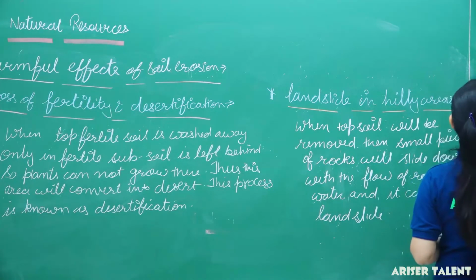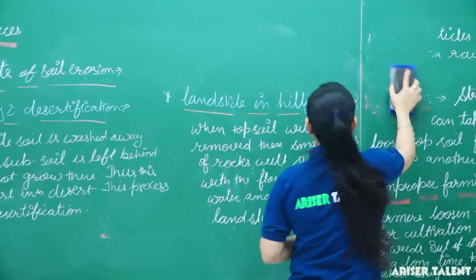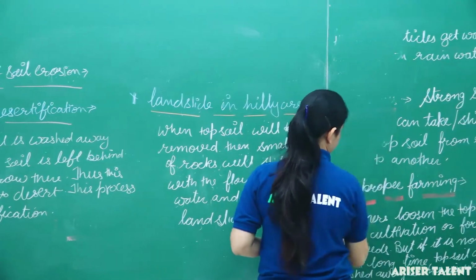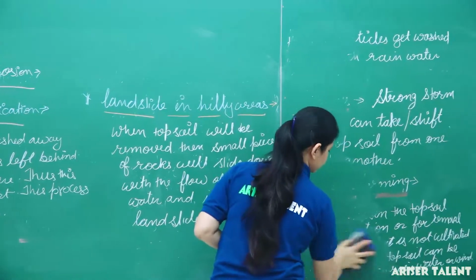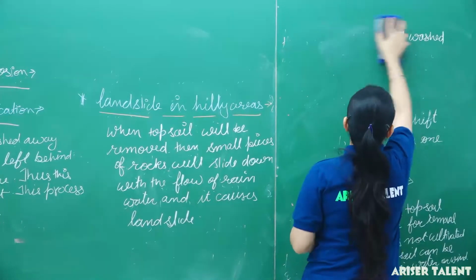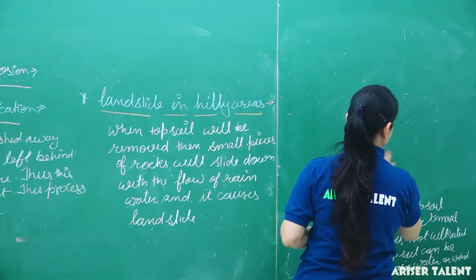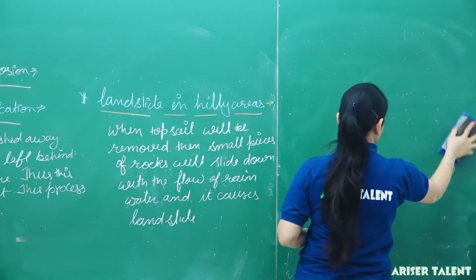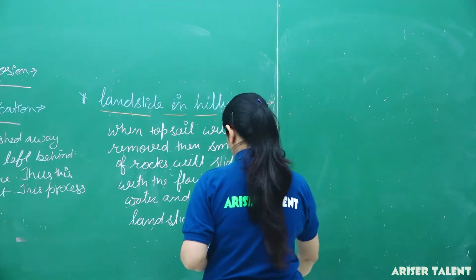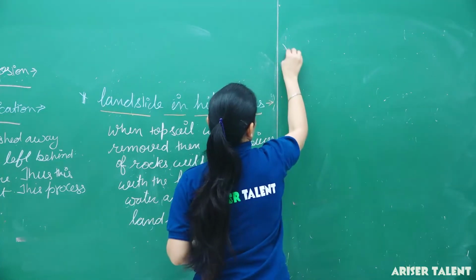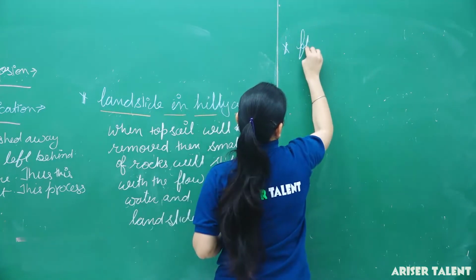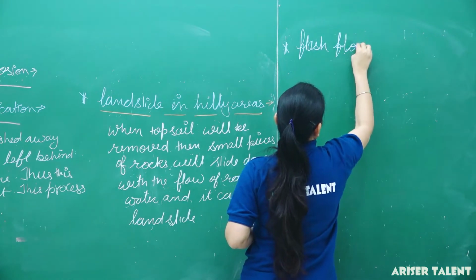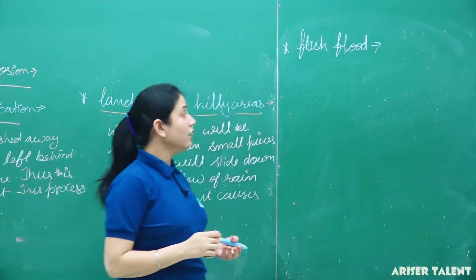The next effect of soil erosion is flash floods. How do they occur?